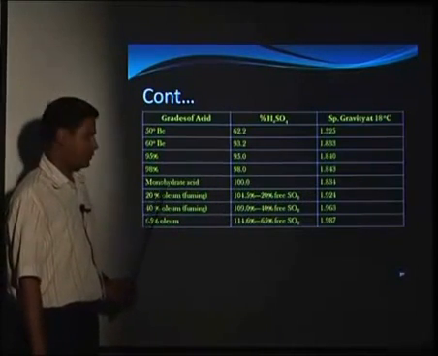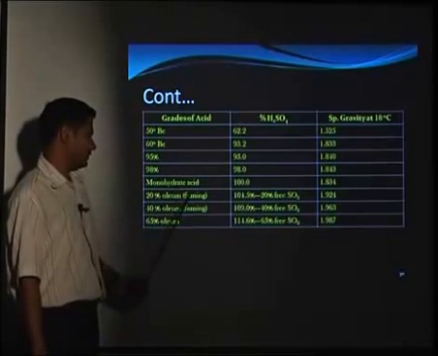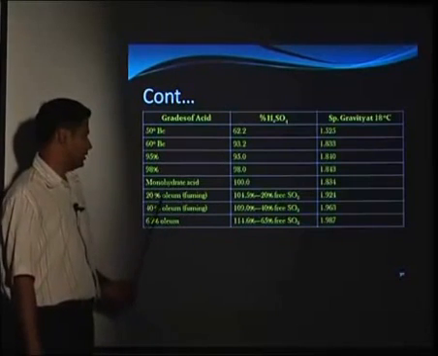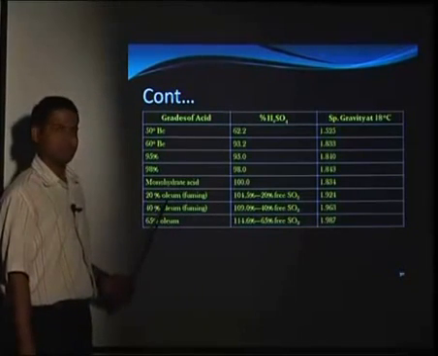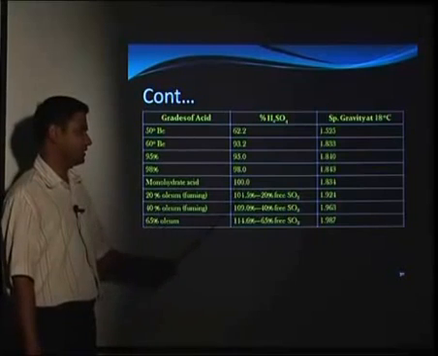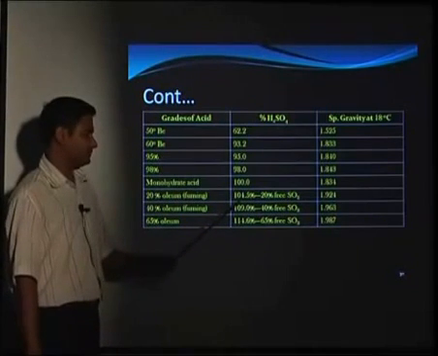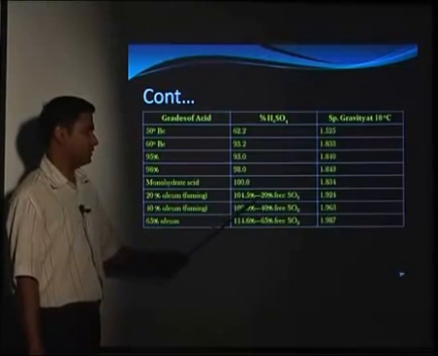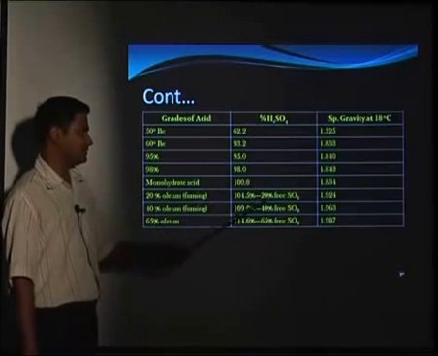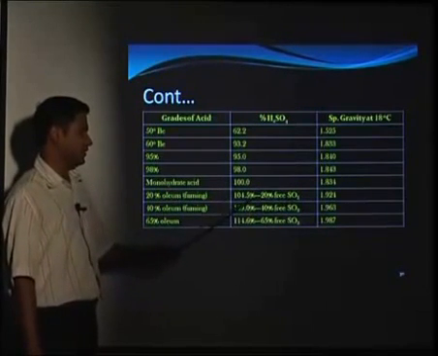Then the 20% oleum is the fuming one. Oleum is a mixture of sulfur trioxide and sulfuric acid. In this one, it is 104.5% sulfuric acid and 20% free SO3. How do we get this?